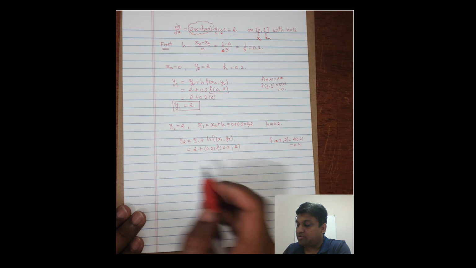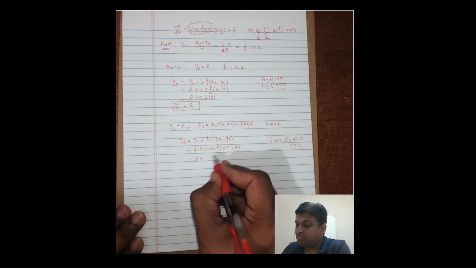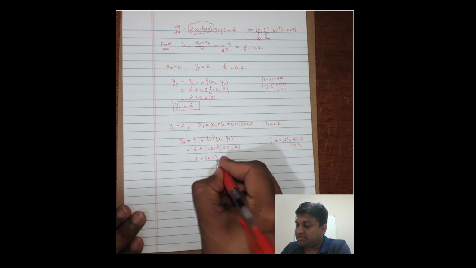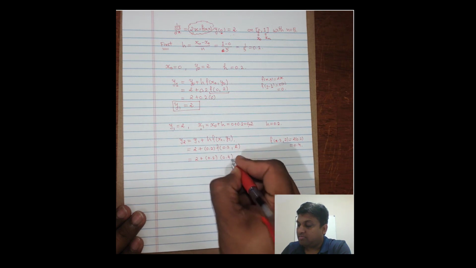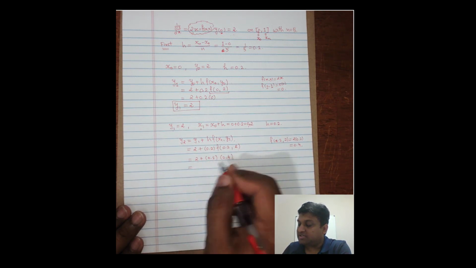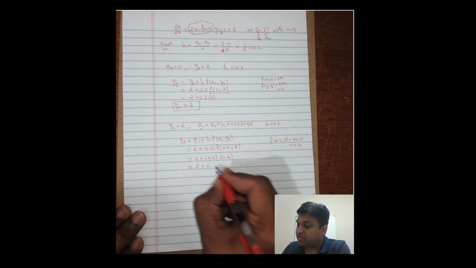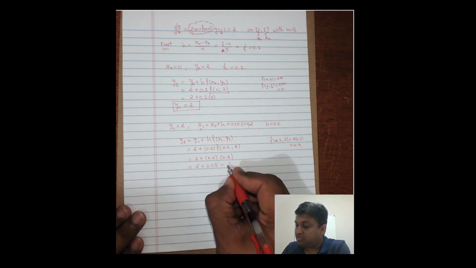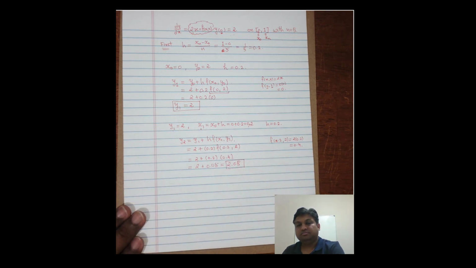So this part is 0.4. So 2 plus 0.2 times 0.4. Let's multiply them. 2 plus 0.08, and this is going to be 2.08. So this is the second approximated solution.